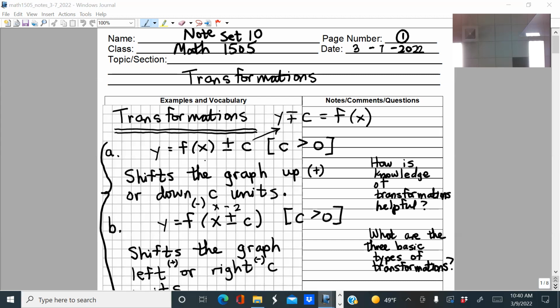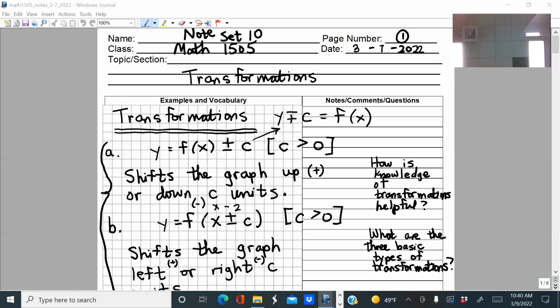Then it turns out that there are a couple of simple ways that you can transform that graph, or you can transform that function to another function.